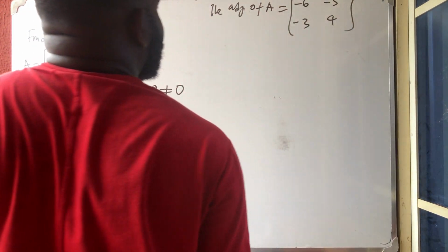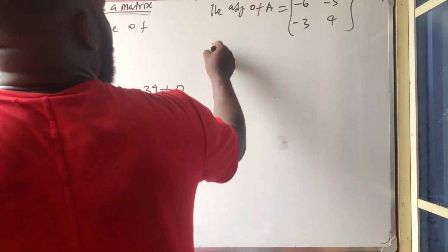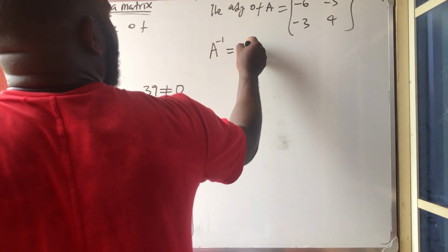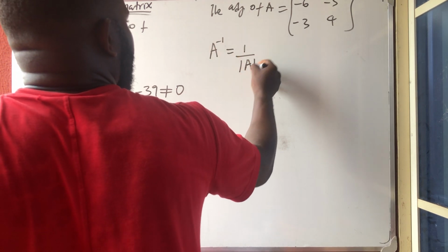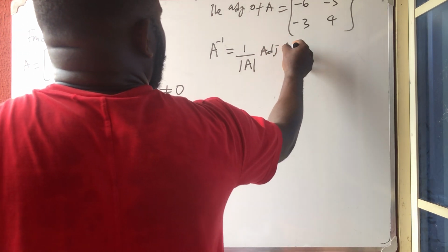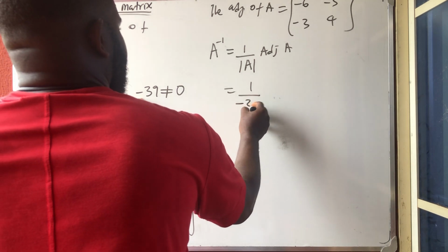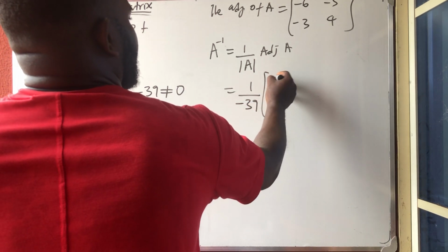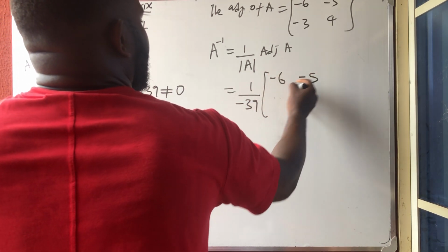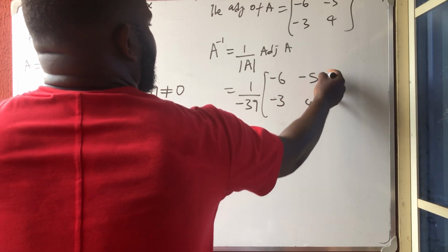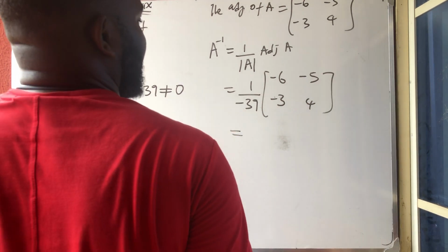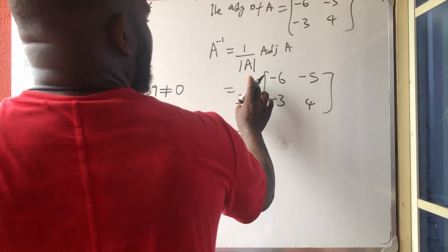Okay, so finally, since you have gotten this, you now tell them that the inverse of A is 1 over the determinant of A, then the adjoint of A. Which is 1 over minus 39, then the matrix of minus 6, minus 5, minus 3, 4. You can leave the answer like this or multiply it.